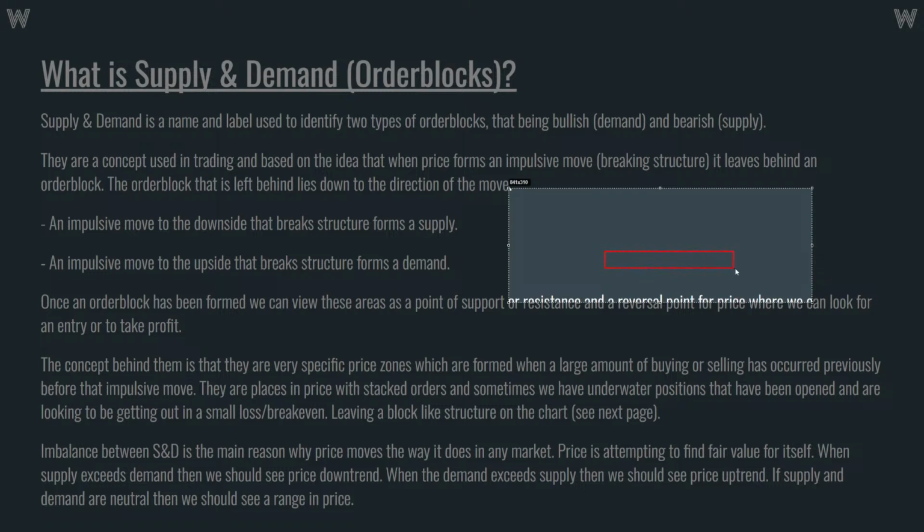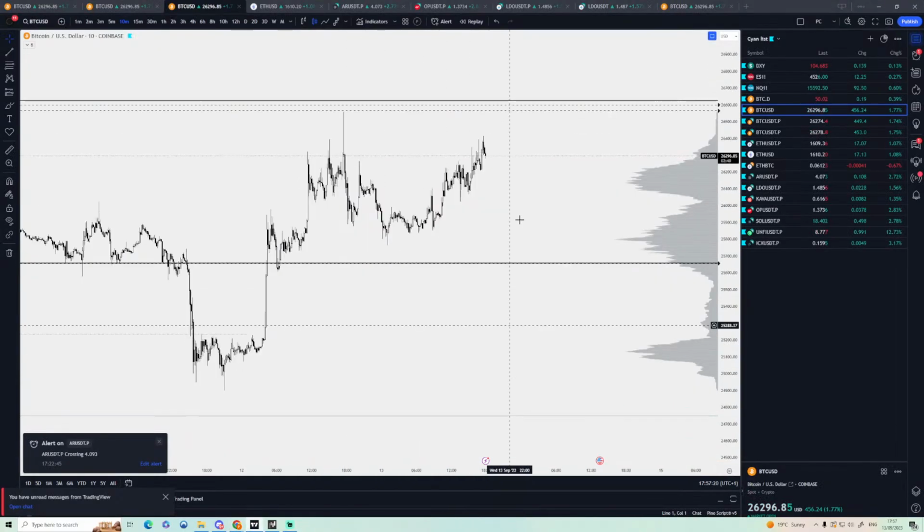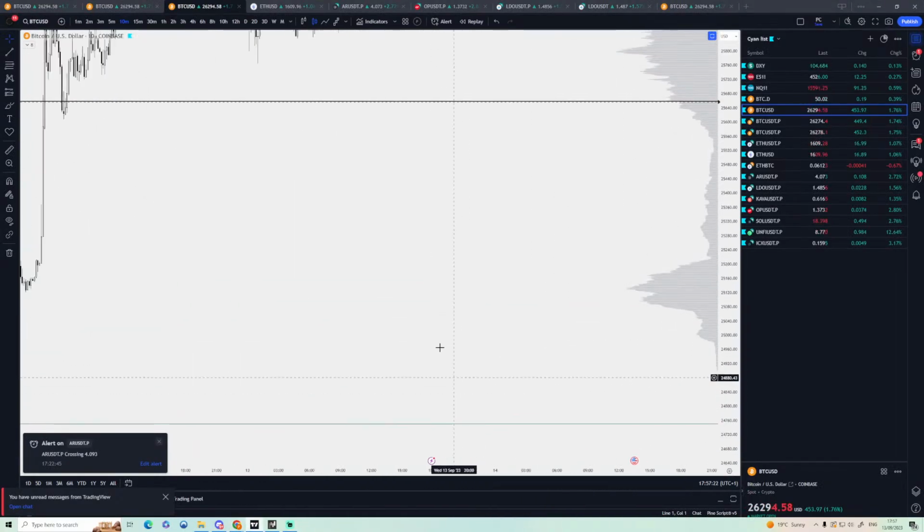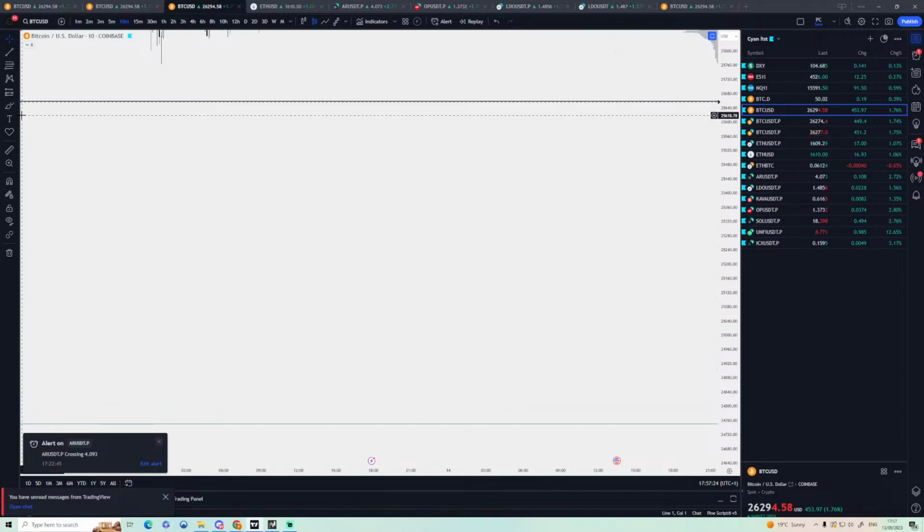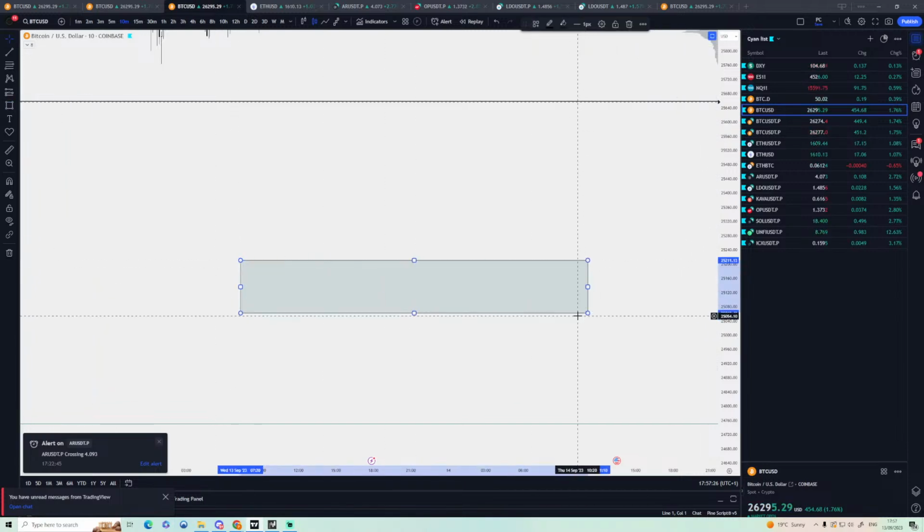So we have this demand here, we have buyers here. So this is demand. Let's do it on the chart. It's got an order block here, right?